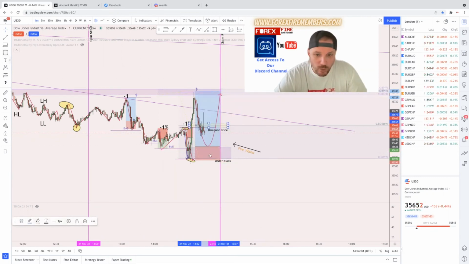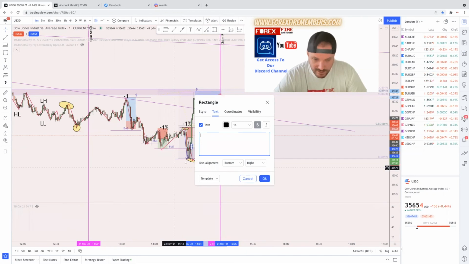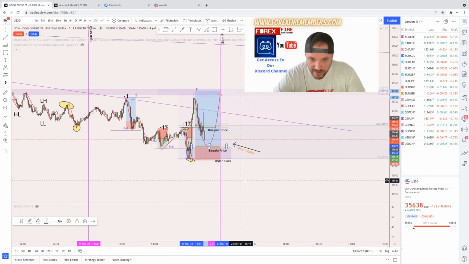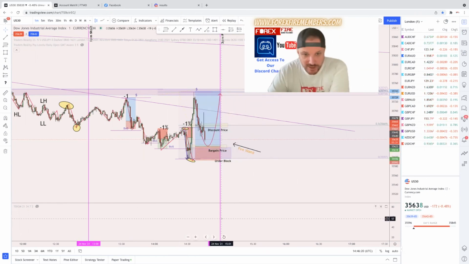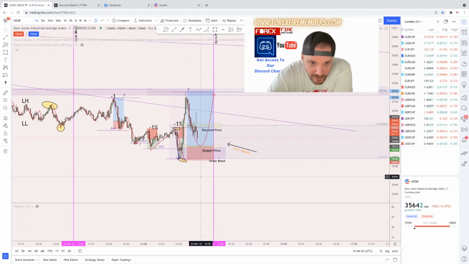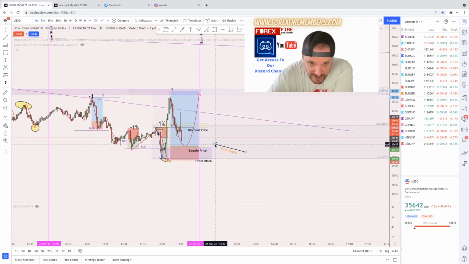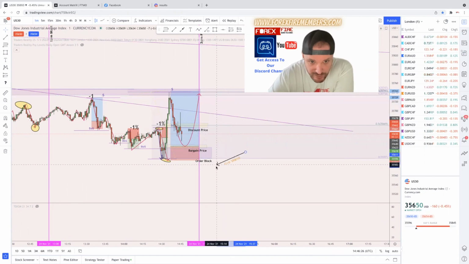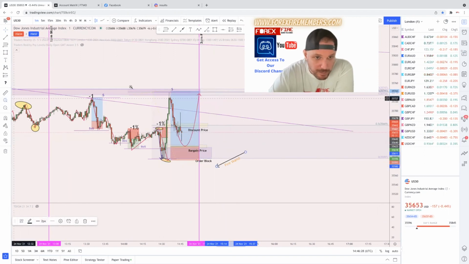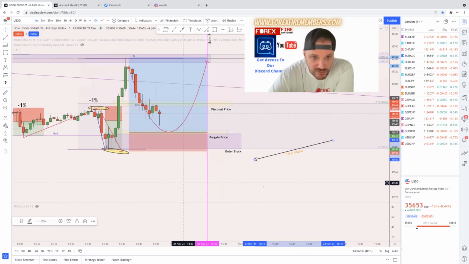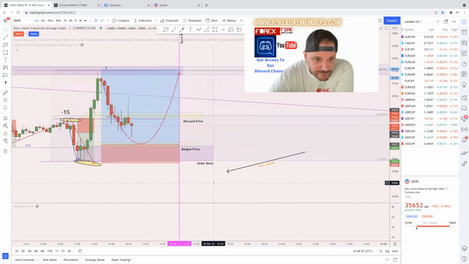However, we want the bargain price. That's what we're after. We're after the bargain price. It's coming down to that now. Hopefully it's not going to crash through. We get a bounce and then we'll get a retrace back up. Let's just pan into this a bit more, just so we can see if it does respect.